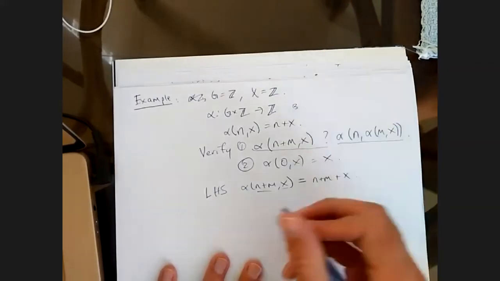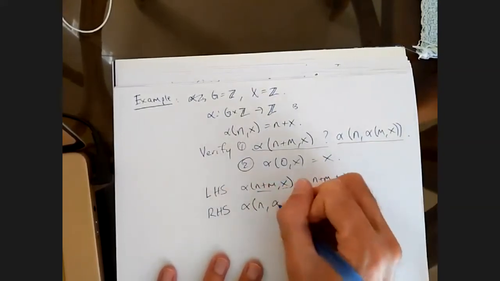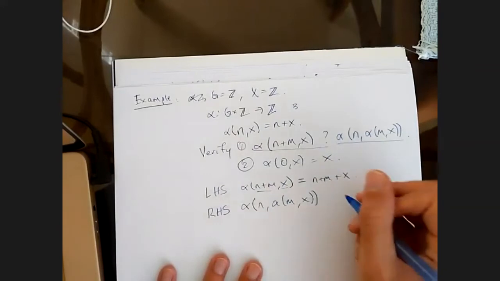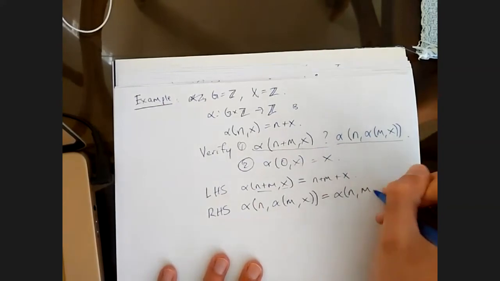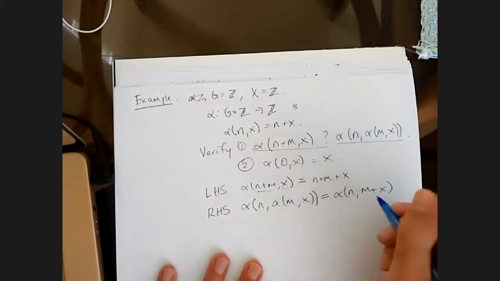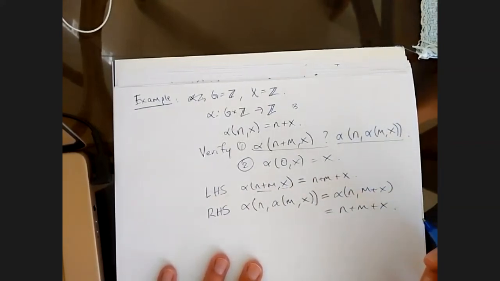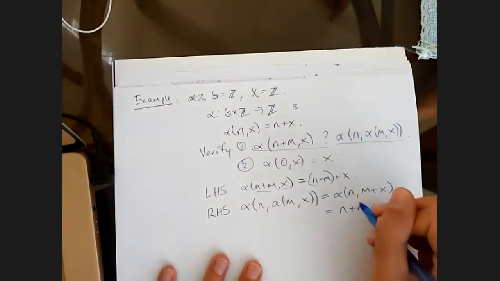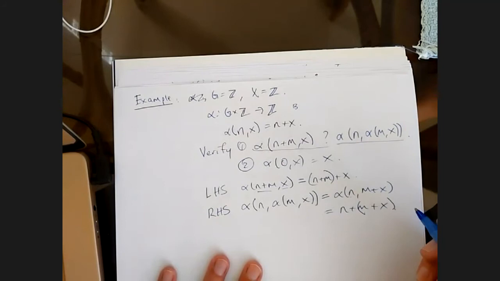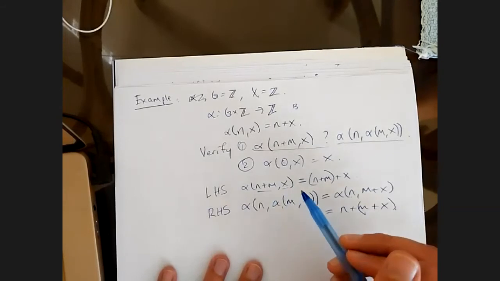On the right-hand side, we have alpha N, alpha M, X. Alpha M X is just M plus X. Then alpha N says take this plus this, so that's just N plus M plus X. So both sides, really this is saying the associative law, which is fine. By the associative law, these two things are the same. So we really have a group action.